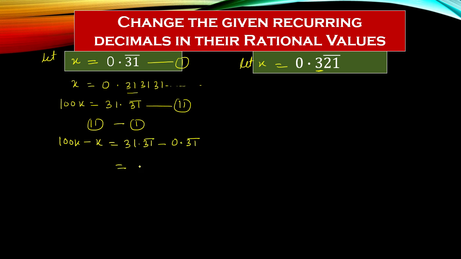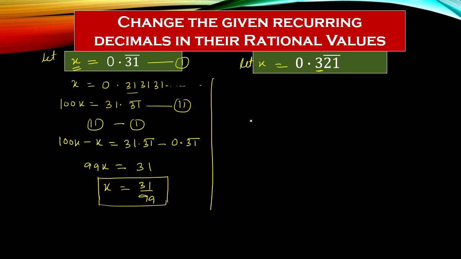So we find 31 on the right side and 99x on the left side. The number was supposed to be x, so the value of x is 31 by 99. We can say this is the rational value of the number 0.31 bar.